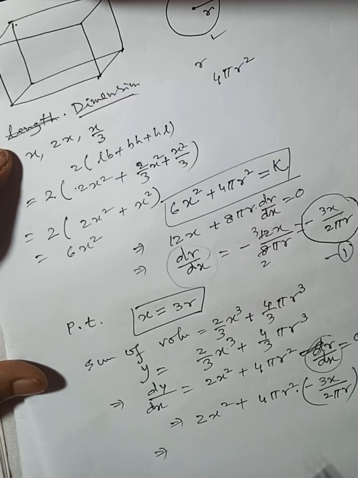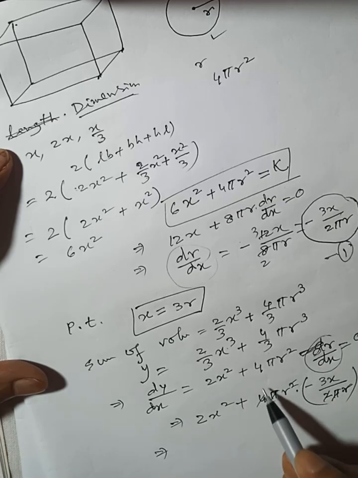Now simplify it. Pi cancels, r cancels, 2 cancels with 2.